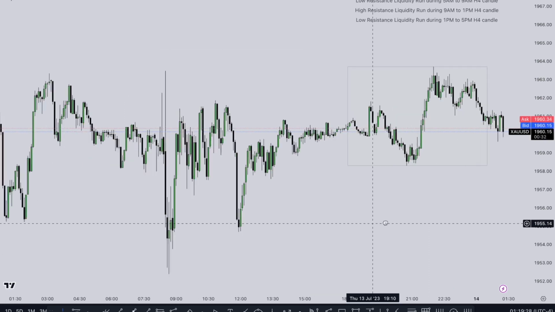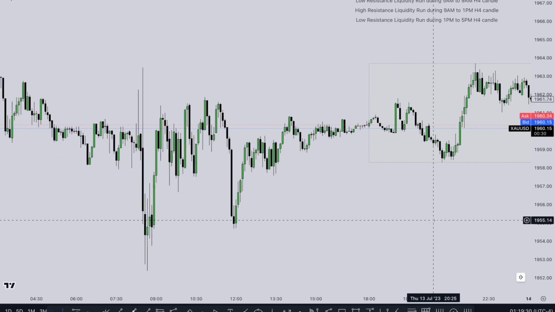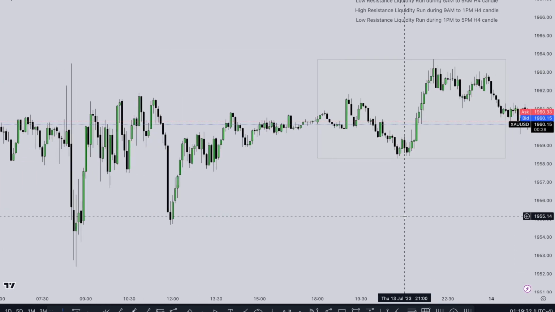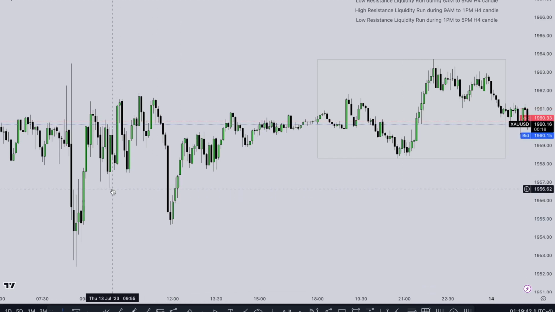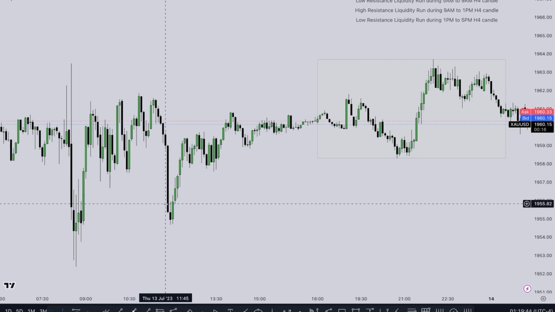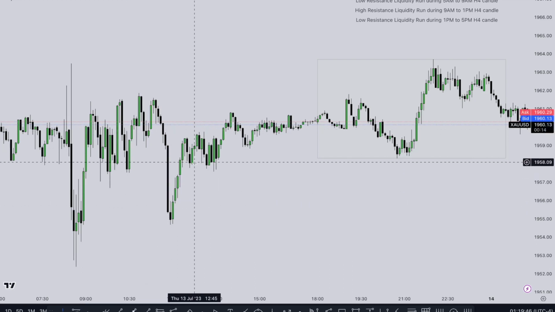Now when we are speaking about order blocks, remember we spoke about how the order block CSD is essentially a signature in price where price closes below the low here. That's an order block, or basically a change in the state of delivery.